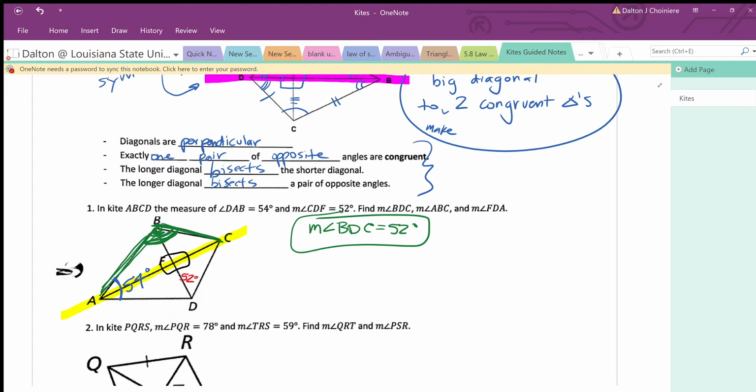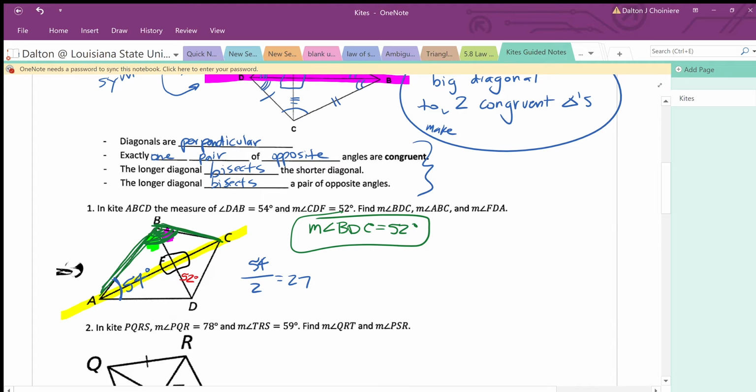If I find this small highlighted green angle and this small highlighted pink angle, I can add those two angles together and get angle ABC. So let me do that. If I take 54 degrees and divide it by 2, then I get 27.